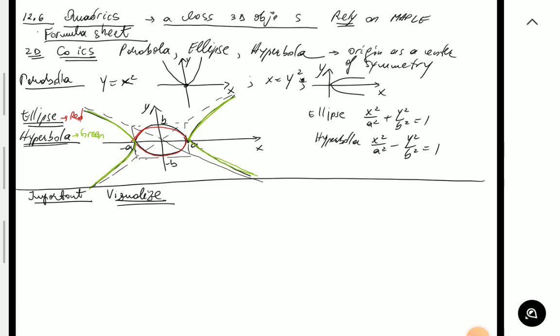So, for example, let's actually define first of all what a quadric in the general sense is, and then we'll go through the list.